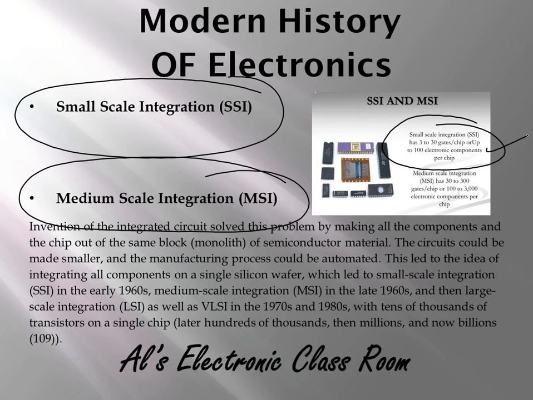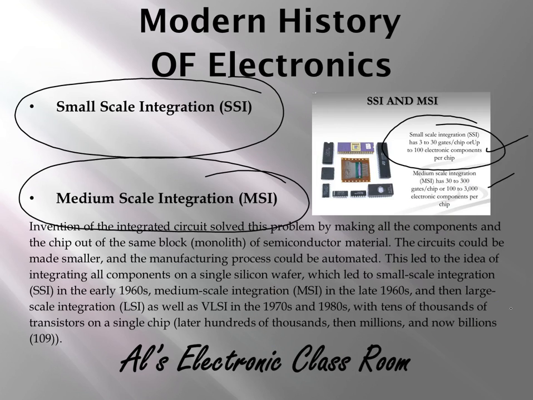Then the next step up, when we started to develop this, where we could, pardon the expression, stuff more things in a smaller space, we have MSI, medium scale integration. And there, if you look here, we could place between 100 and 3,000 electronic components per chip.